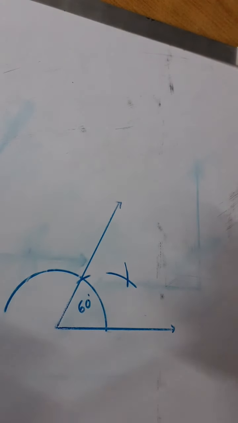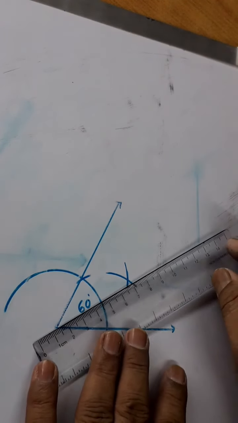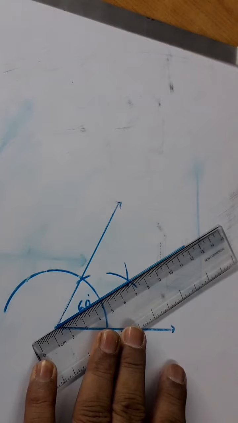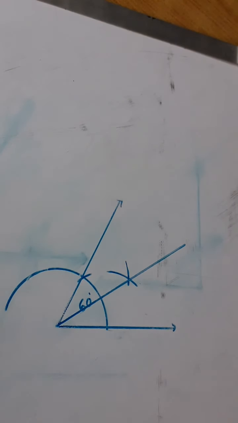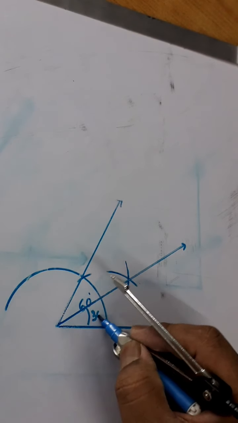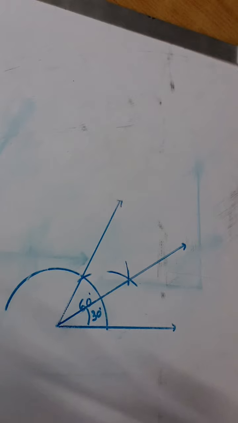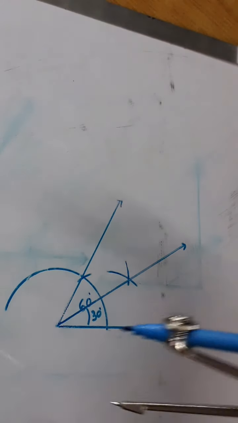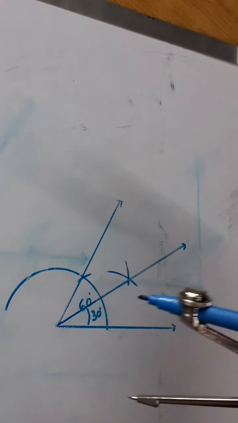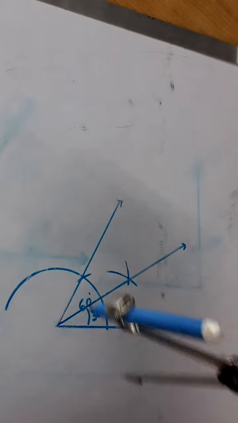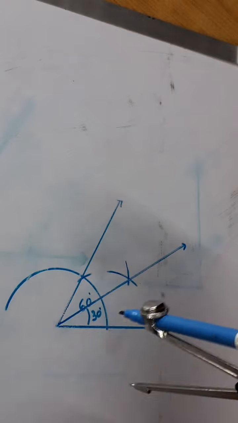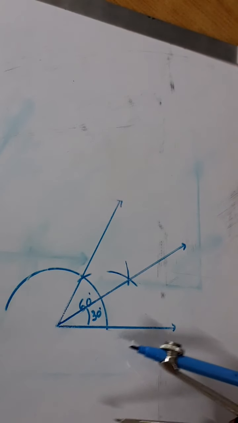Now I am going to join these 2 points here. Again, length of this arm doesn't matter. We will get this angle of 30 degree. So, while making an angle, radius of this arc that we draw doesn't matter. We can take any radius as per our convenience, which will be easier for us to construct the angle.